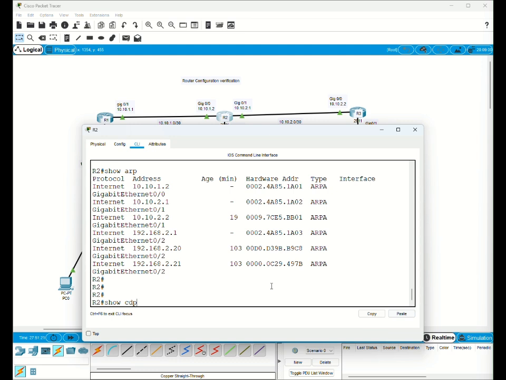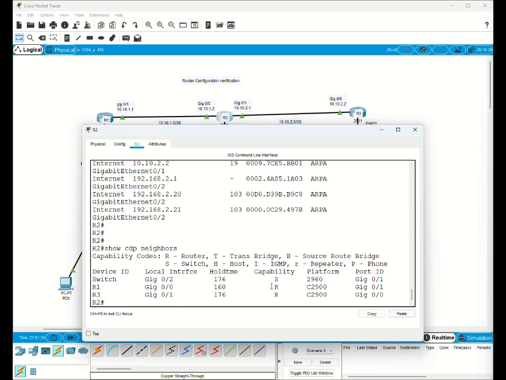Show cdp neighbors. I think neighbors. Let me see neighbors. It will show the devices that are connected. Here you have a switch, and that's correct.